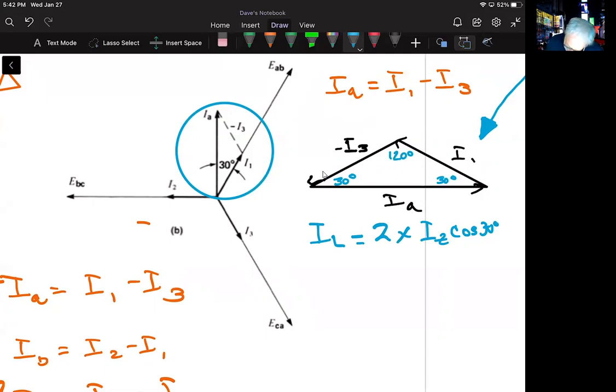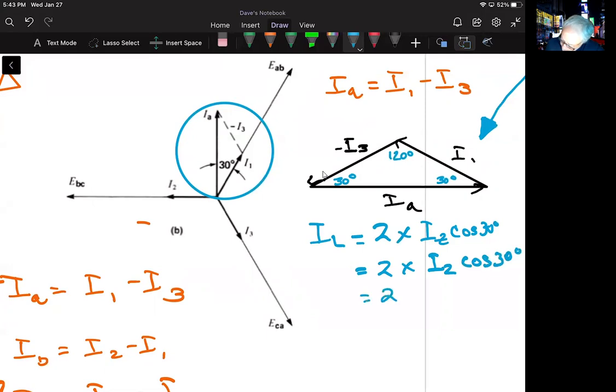But anyway, so I come up with this idea that this line current is going to be equal to 2 times the branch current times cosine of 30 degrees.